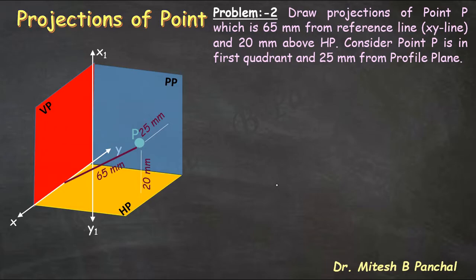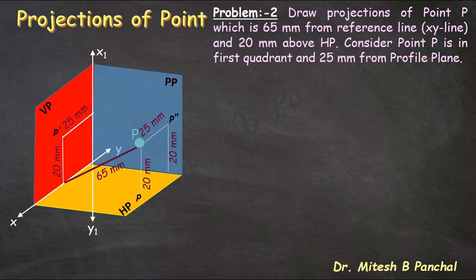Now, if we consider projections of point P, then the front view of point P, that is P dash, is 25 mm from X1 Y1 and 20 mm from XY line. For the side view, point P double dash, one dimension is known, that is 20 mm.